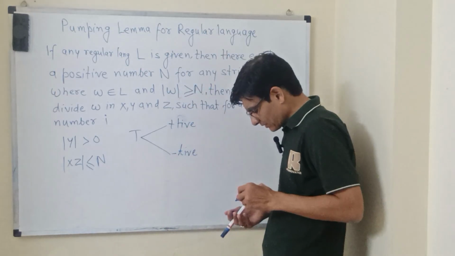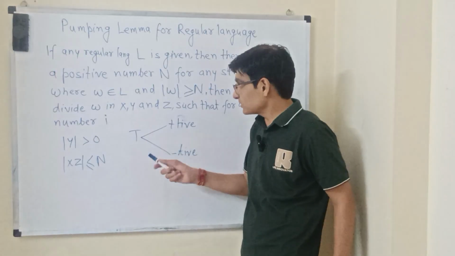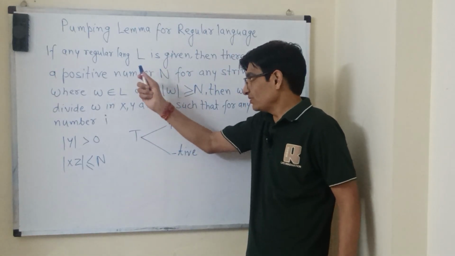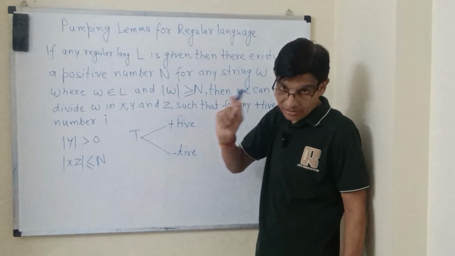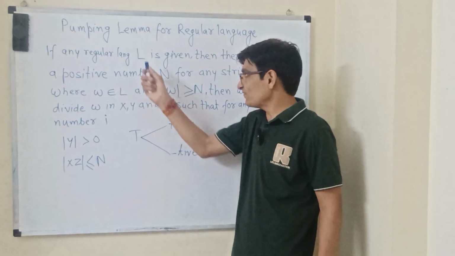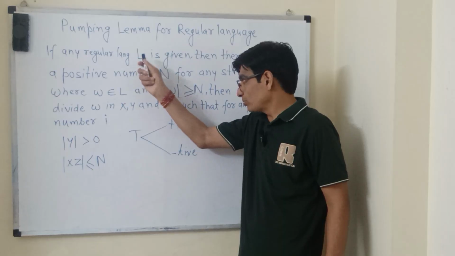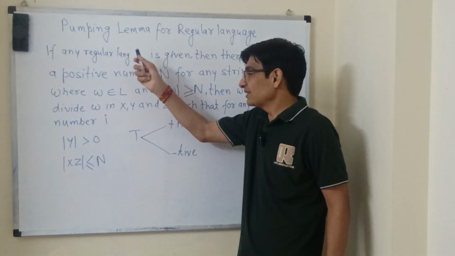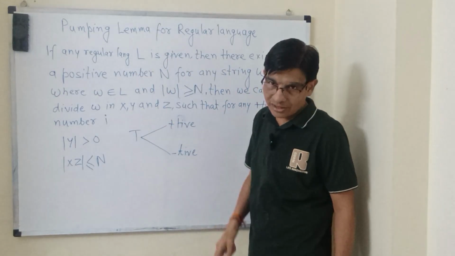In case of a negative result, suppose we are applying this test on some language L, which we are considering as a regular language already. If the result of this test is negative, then we can say the language is not regular.